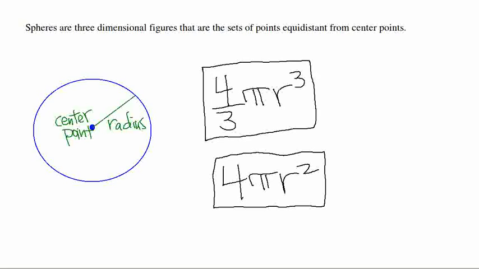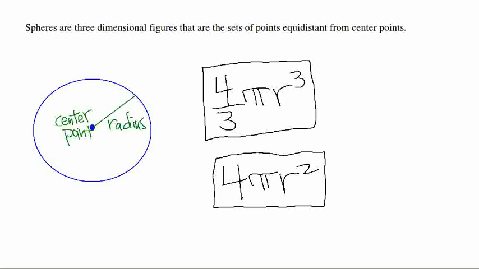So that's going to have the right units for surface area, right? Furthermore, the units of volume are the cube of some length unit, such as meters cubed. Notice that the volume formula is cubing the radius. So that's going to have the correct units for volume. That's one way that you can make sure to use the right formula.